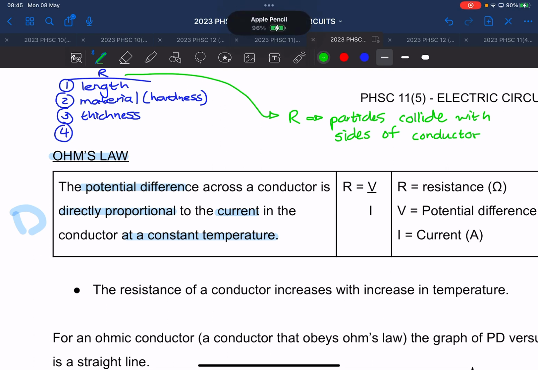How many collisions do you have? Right. Then the last one, there is temperature. The warmer a substance is, let's just go back, I have something that I can actually show you.